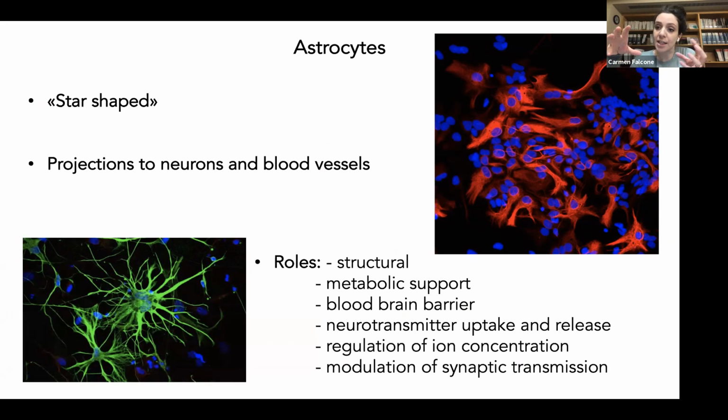They take up nutrients and redistribute them to other cells. They are actively involved in neural transmission because they can reuptake or release neurotransmitter at the synaptic cleft. They regulate the ion balance extracellularly, and they also modulate synaptic transmission and synapse development during brain development. So they are pretty important cells.